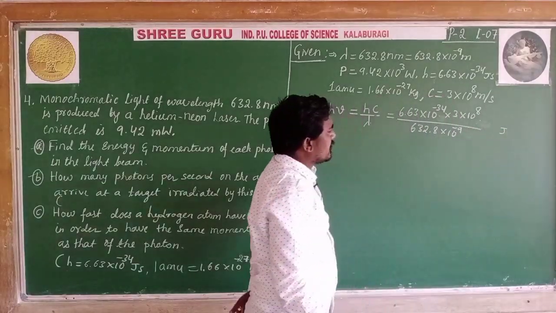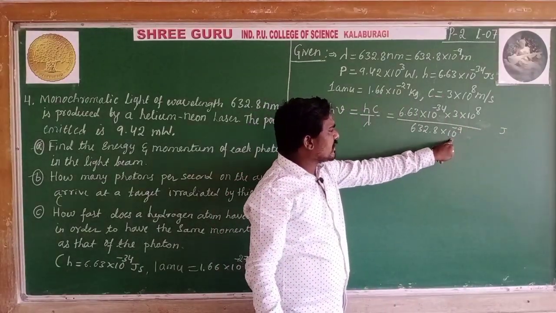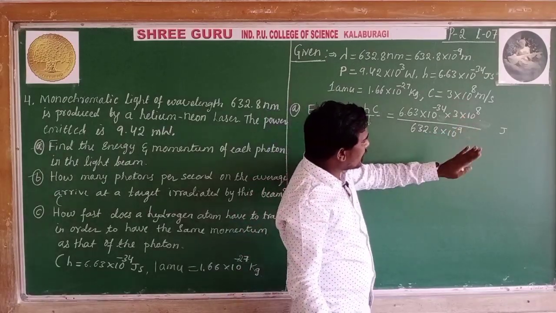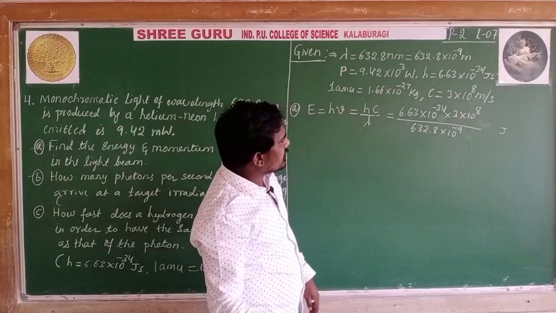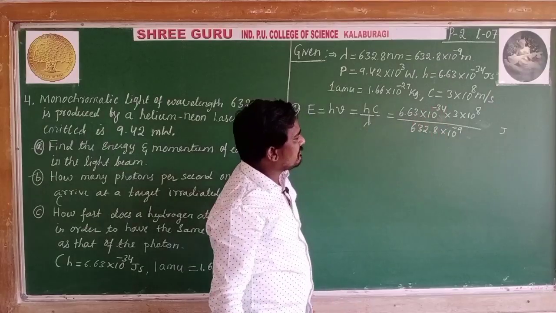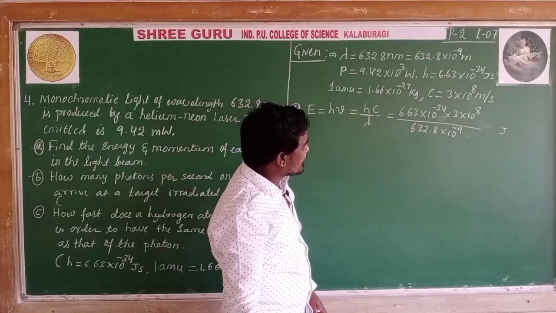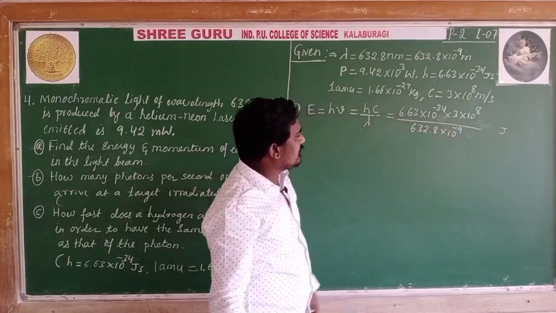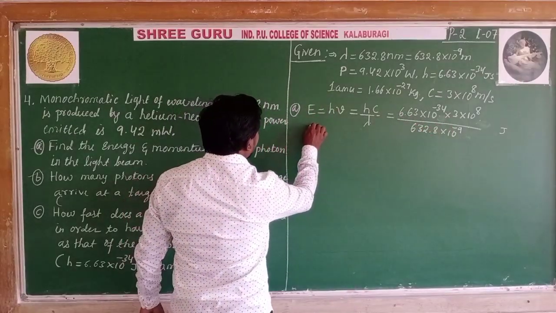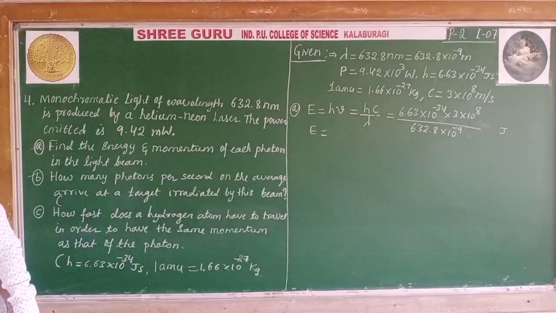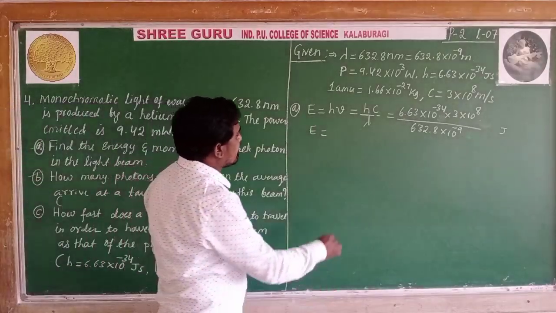Now calculate yourself. Just take the 10 raised to minus 9 to the numerator, it becomes plus 9, plus 8 is plus 17, and minus 34 plus 17 gives minus 17. Multiply 6.63 into 3 and divide the values, and the final energy is 3.14 into 10 raised to minus 19 joule.